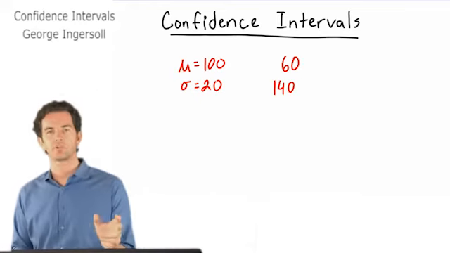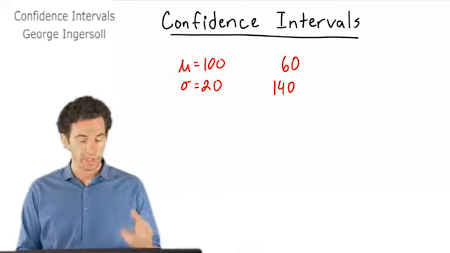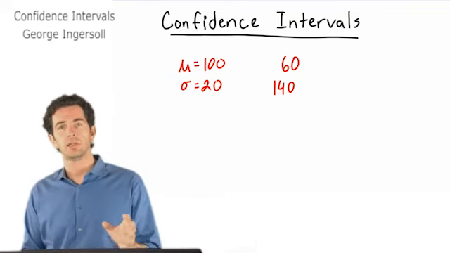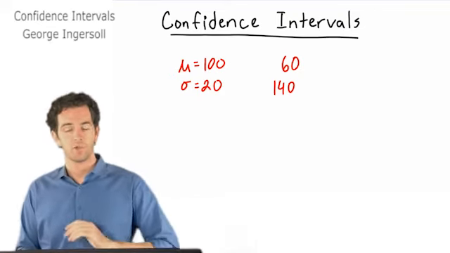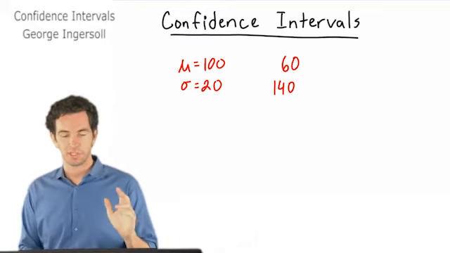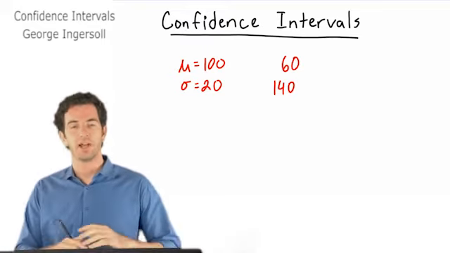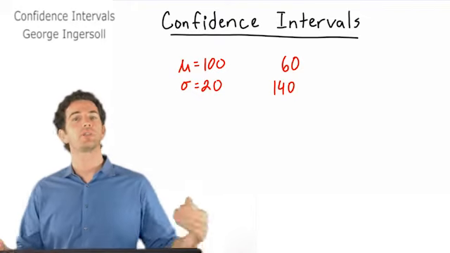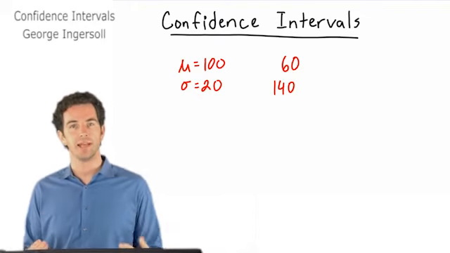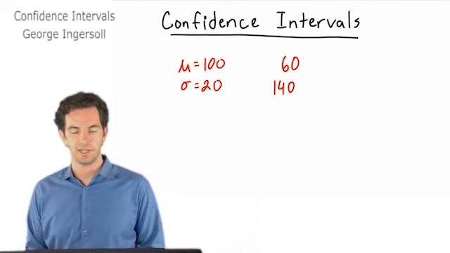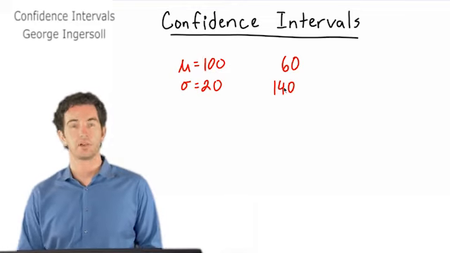So 95% of all results are going to fall between 60 and 140, meaning we can say with 95% confidence, our 95% confidence interval in terms of the number of guests we will have at our restaurant on a Saturday night is 60 to 140.